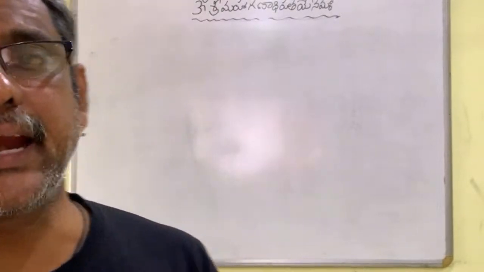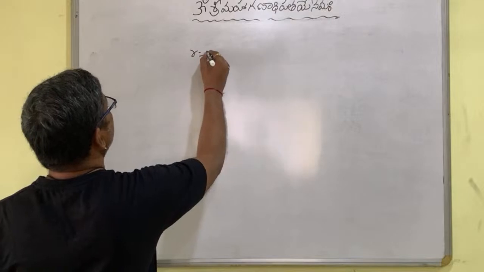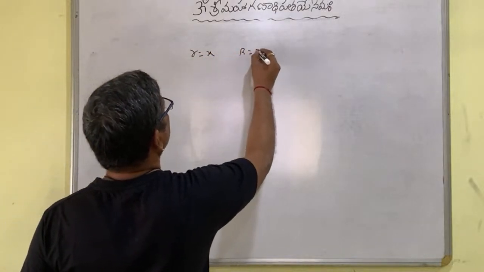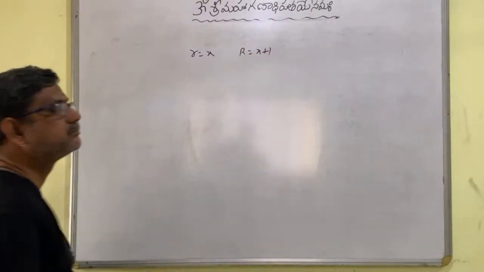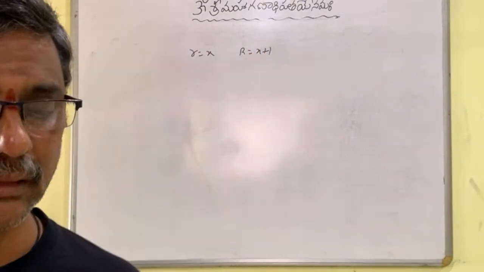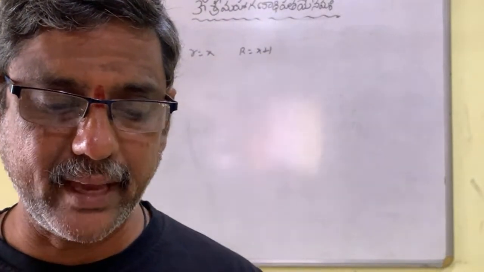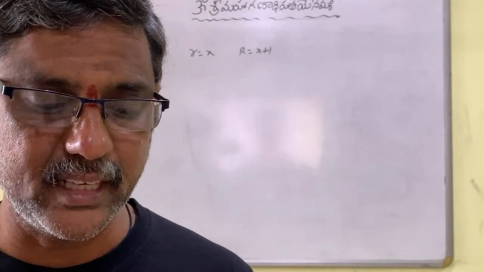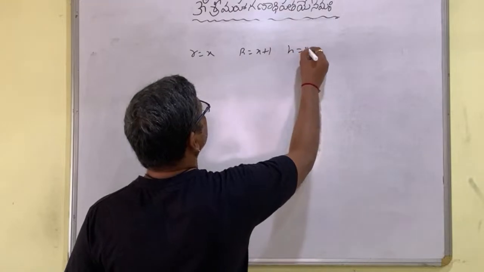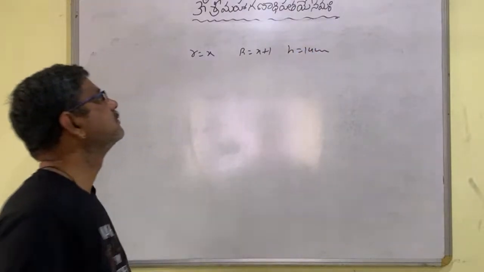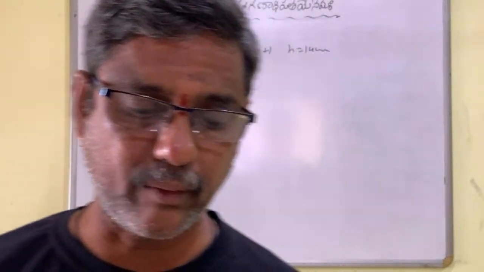Let the inner radius be x, then the outer radius will be x plus 1. Height 14 is given.